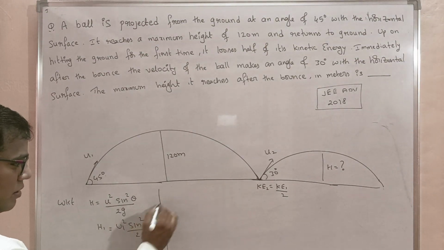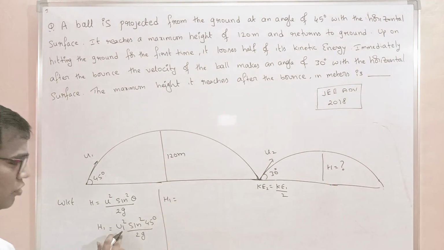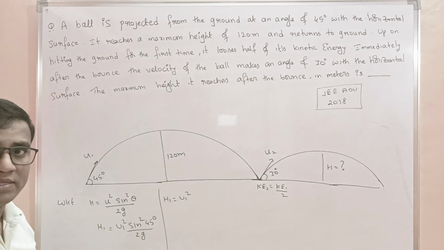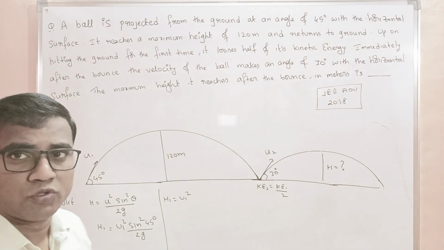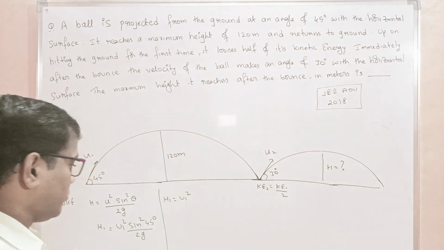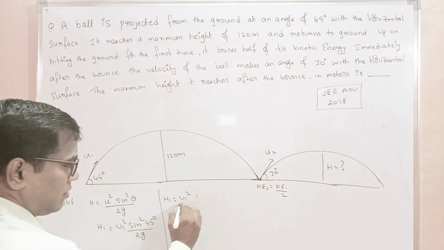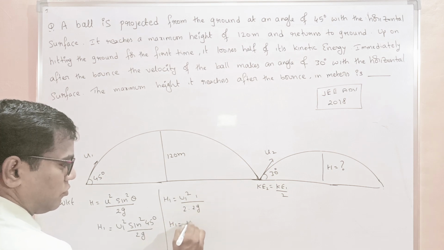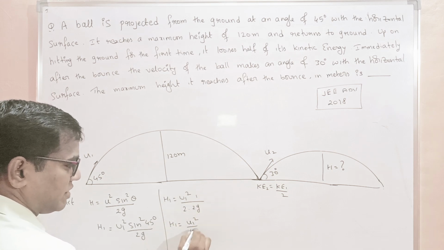What is sin 45? Sin 45 is 1 by root 2, so sin square 45 means 1 by 2. So here it is 1 by 2 into 2g, so h1 is equal to u1 square by 4g.